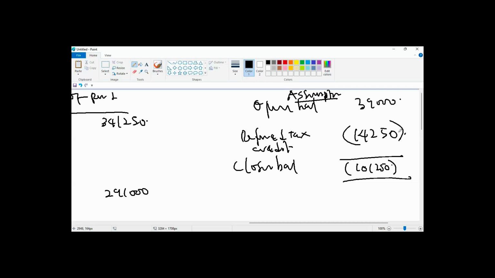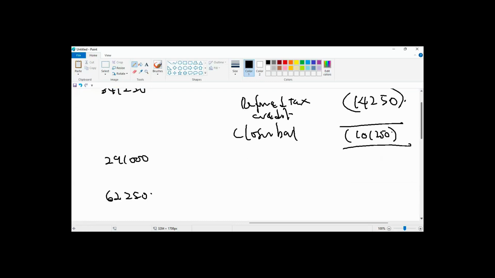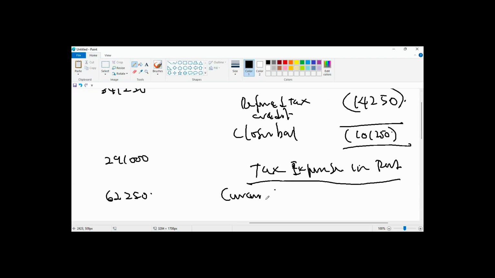I'll now go to the P&L. Tax expense in the P&L. Current tax 291,000. Over provision for last year of 12,000.